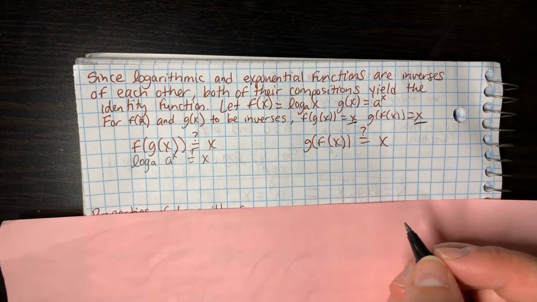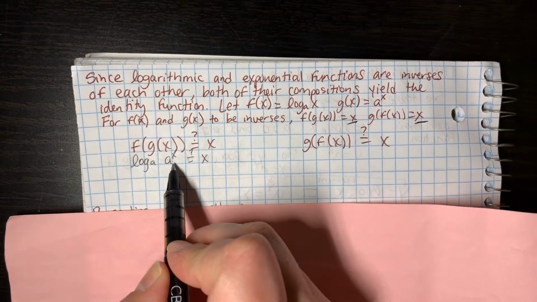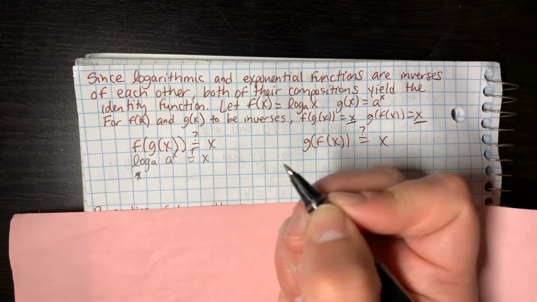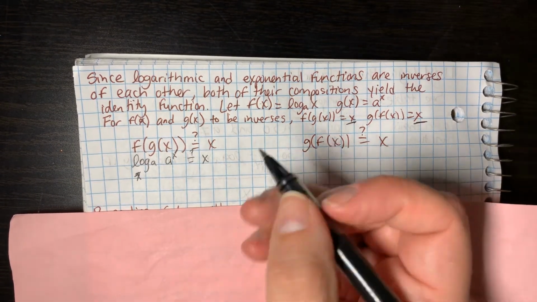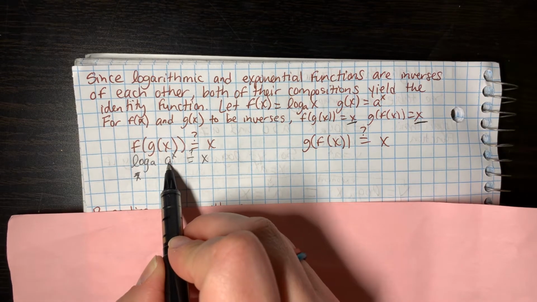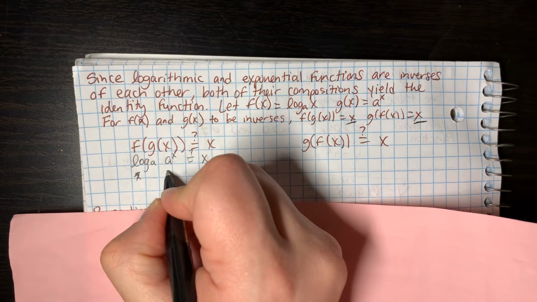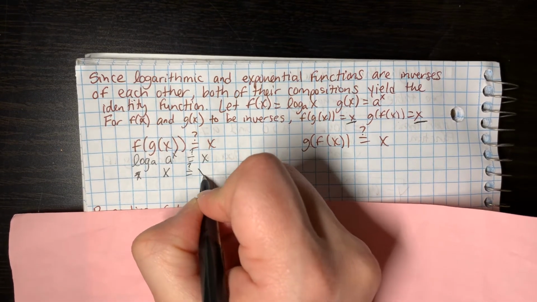We can bring the x out front. Log base a of a cancels out to become a 1. So all we have left is x equal to x.